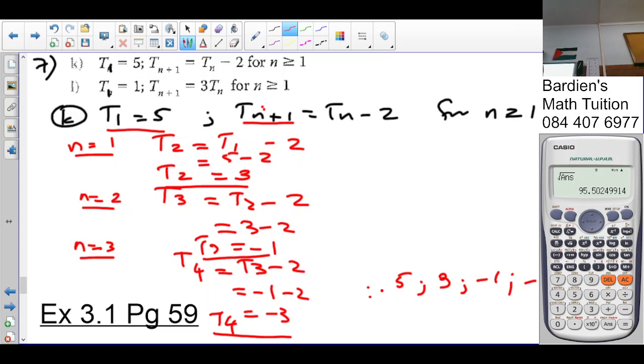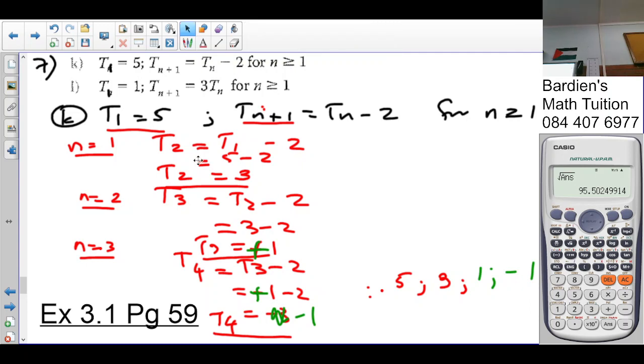Term 3, this one? This 1. Okay, so I made a mistake there, so that's 1. So this must be minus 1. Is that correct? So my pattern is actually 5, 3, negative 1. Sorry about that.